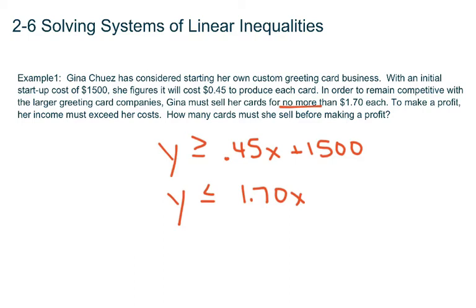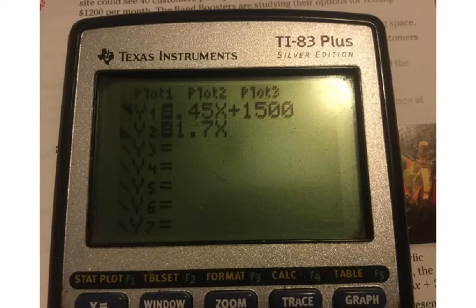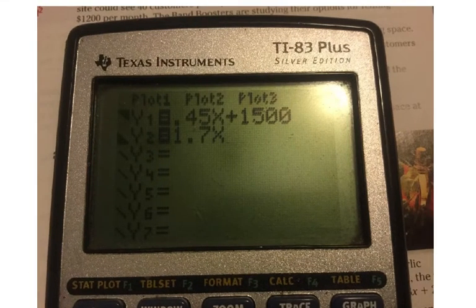Now, when I go graph this on the graphing calculator, if you have an older calculator, like an old operating system TI-84 or a TI-83 like I'm using here, in order to graph inequalities, you need to change this little line in front of y equals.